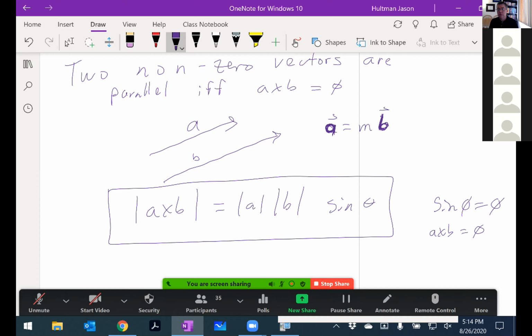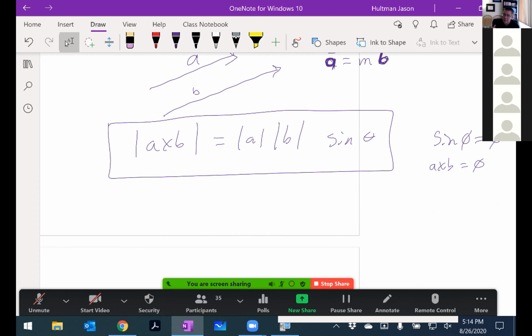Does that make sense? When we kind of get this backwards, we just say, hey, the angle between them is 0. Therefore, the magnitude of the cross product is also 0. It's kind of just an intuitive proof. I'm not going to go into a formal proof on this one.